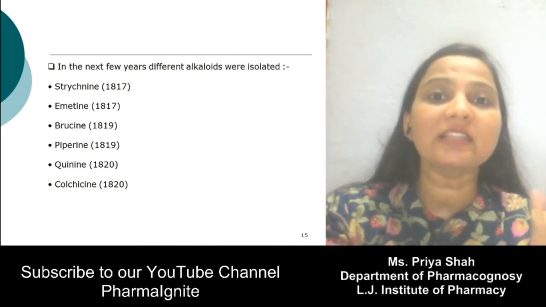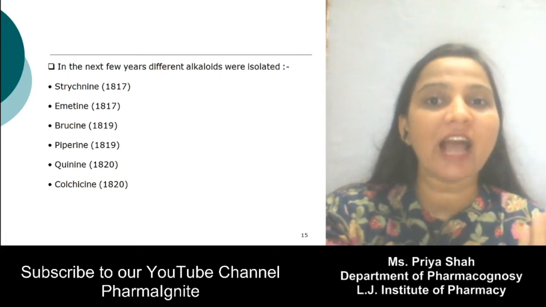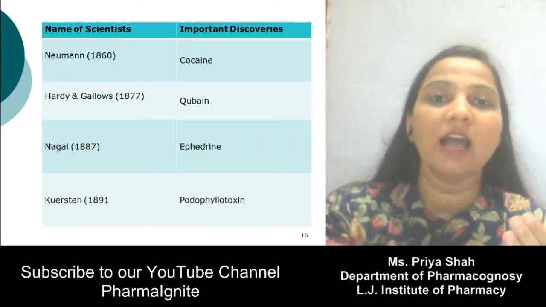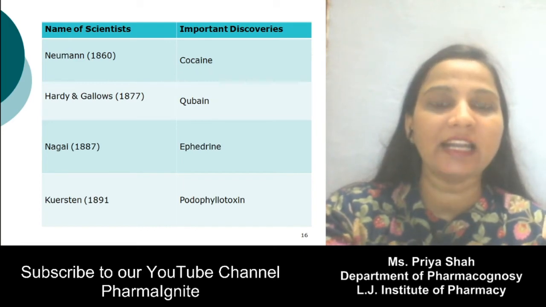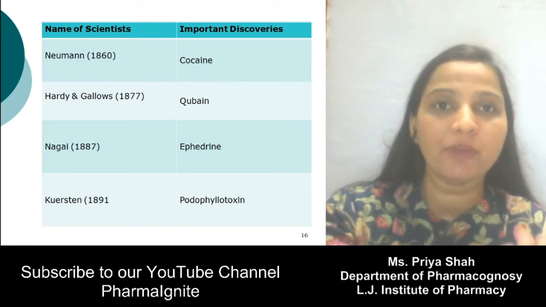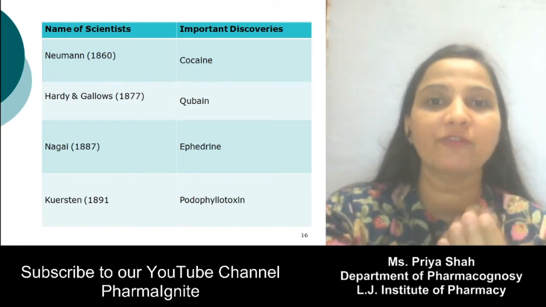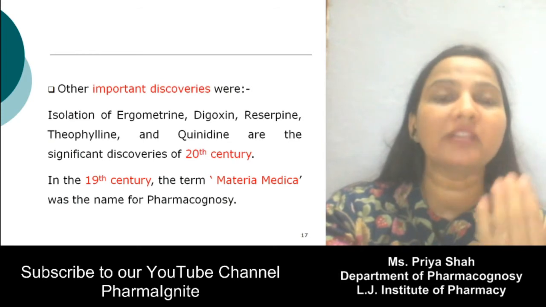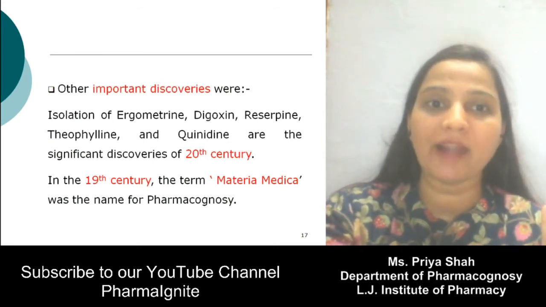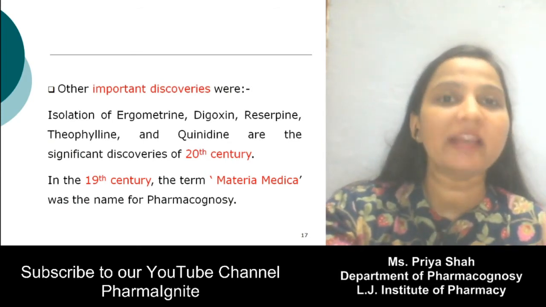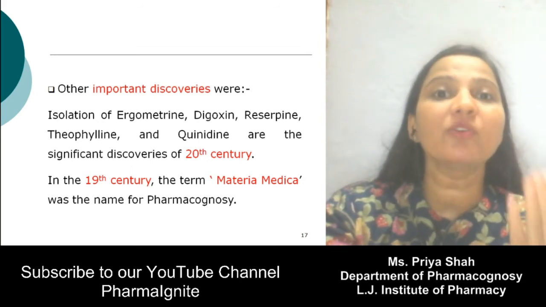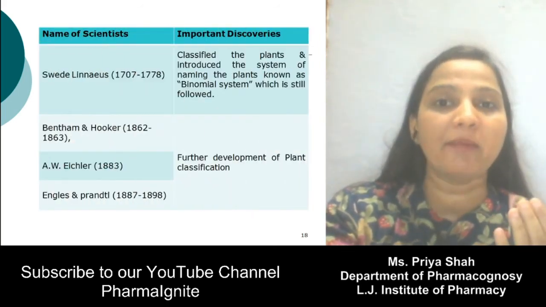Various phytoconstituents, different alkaloids, are derived from plants. These are the names of the scientists who contributed to the isolation of alkaloids. Other important discoveries in the 20th century made possible the isolation of ergometrine, digoxin and reserpine, but in the 19th century, pharmacognosy was known as materia medica.